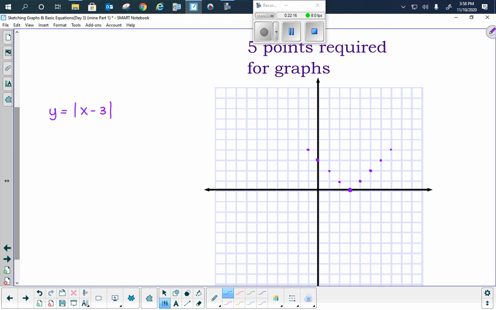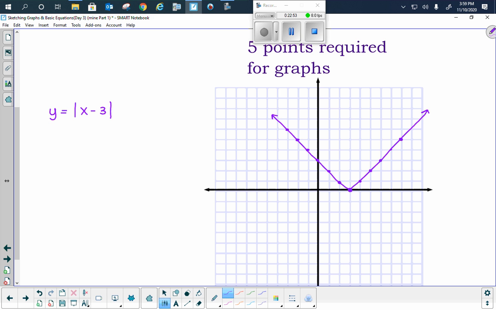And then just like we said with the line, please make these absolute values and lines at least extend. Don't draw just an itty-bitty little graph, like a V, but make it actually extend through the x and the y axis. Try to show me where it intersects those. It goes on forever, so there's your arrows. Again, if there's something I need to see, you can just make your points larger after you connect them.